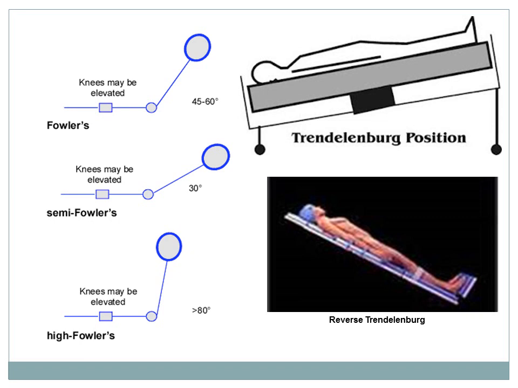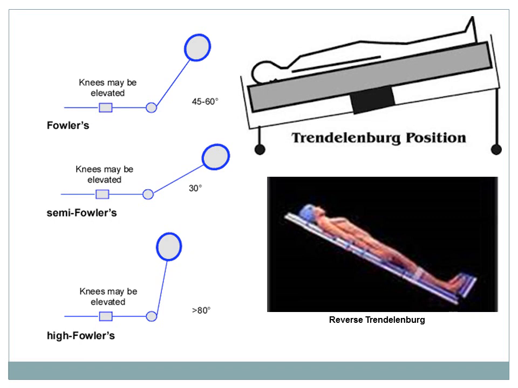The Trendelenburg position is commonly used in clients that need to have their blood flow directed towards the brain and the important organs. We often do this if a client is going to have a subclavian catheter placed, because it will fill the veins in the upper chest better.